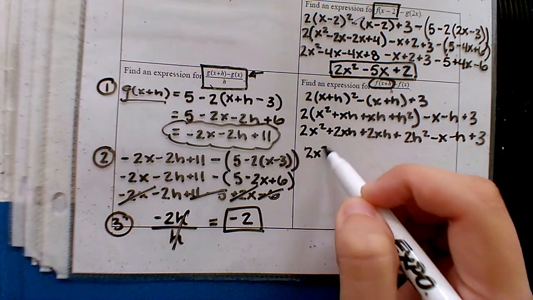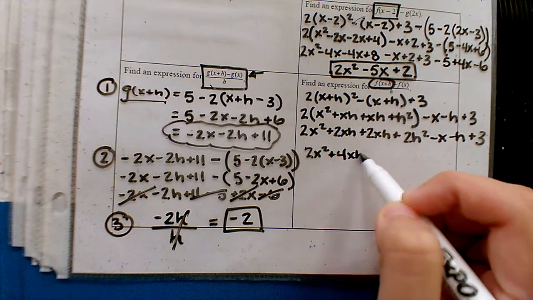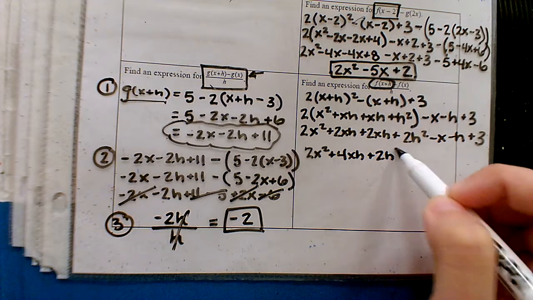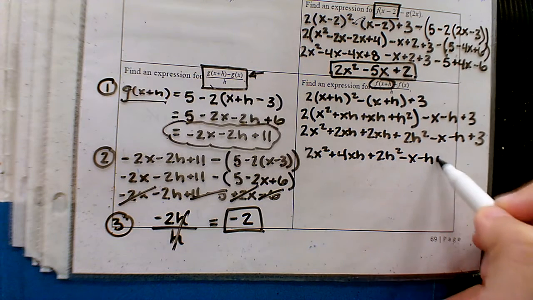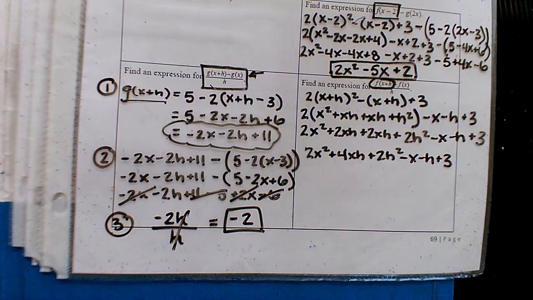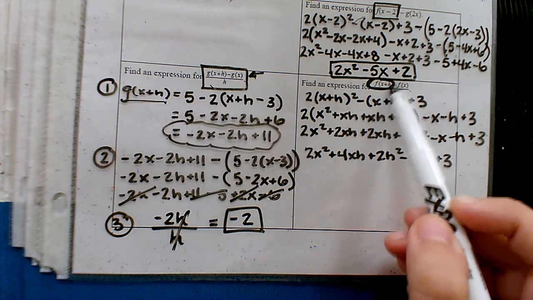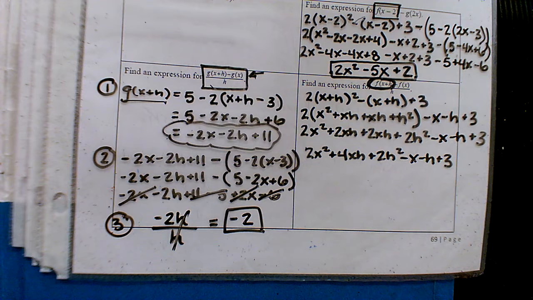So we have 2x squared plus 4xh plus 2h squared minus x minus h plus 3. That's a lot, but let's not forget what that represents. That is only the first term, what we did for f of x plus h.